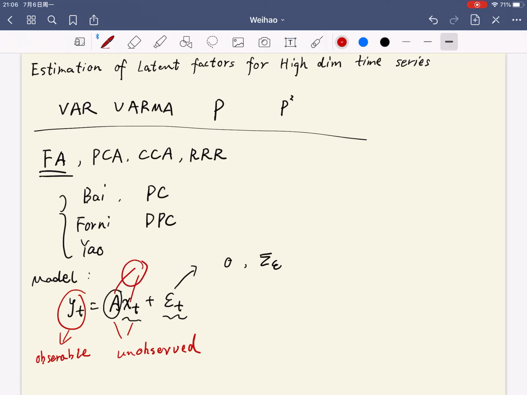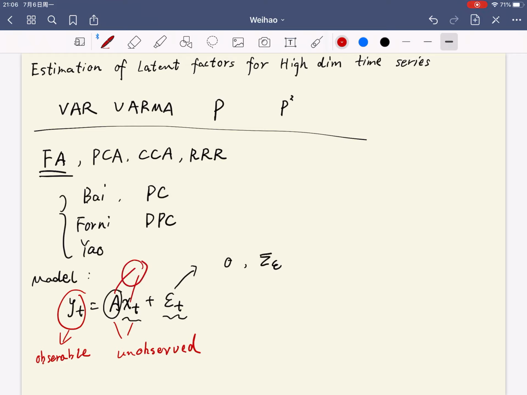The issue for this factor model is identifiability. That is, for any invertible matrix H, we have the following equation, which means that AH and H inverse x_t still satisfy our model.